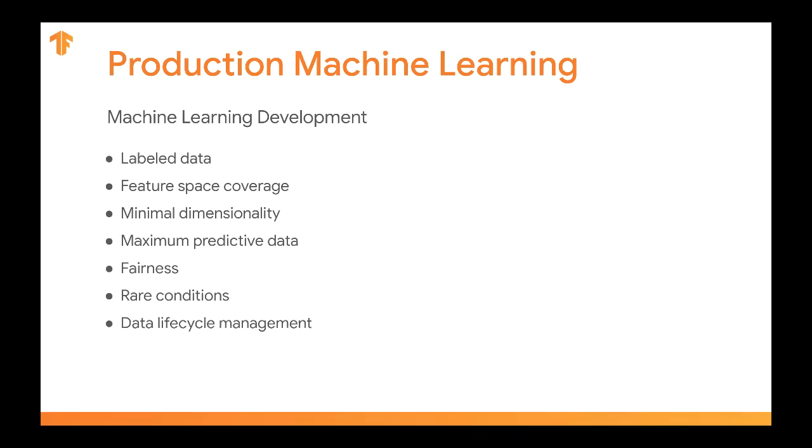We also need to consider issues like fairness and rare conditions, especially in domains like healthcare or financial services. Rare conditions become especially important. And because our model lives for a long time, we need to think about the data life cycle and how we're going to manage that.